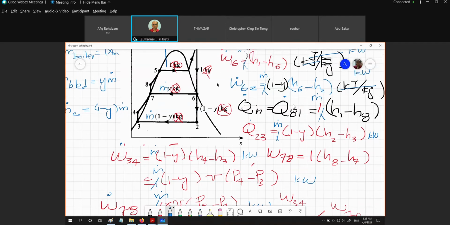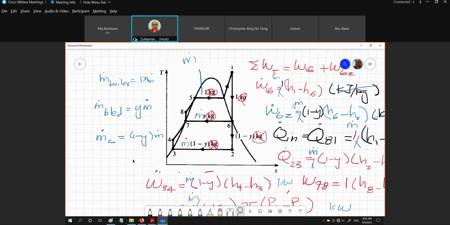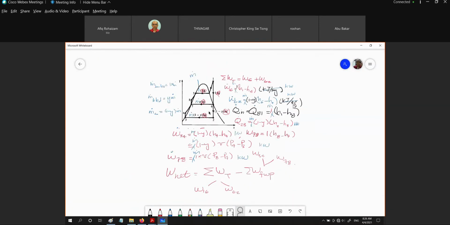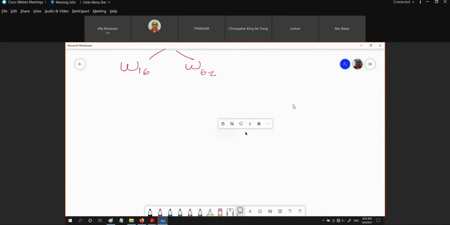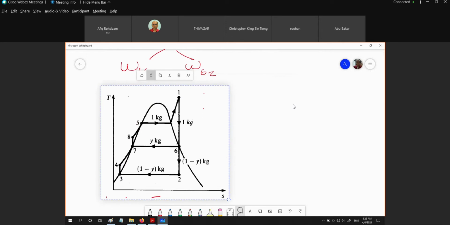So how to get H1? Usually H1 will be determined by P1 and T1. Okay, let us recap how to get the enthalpy for each case. All right.